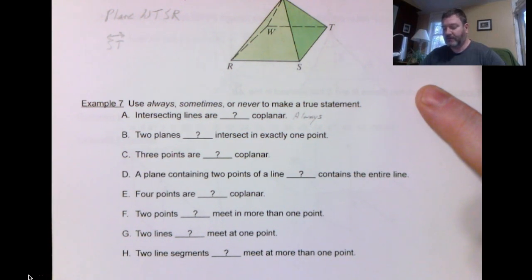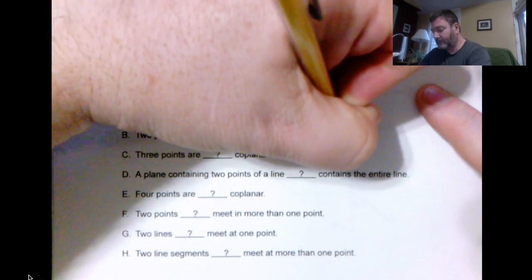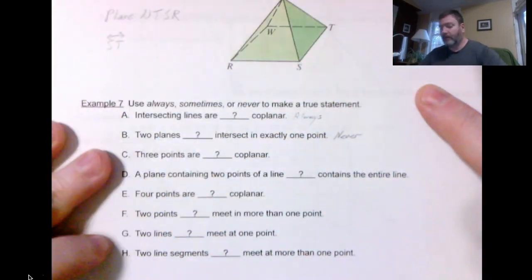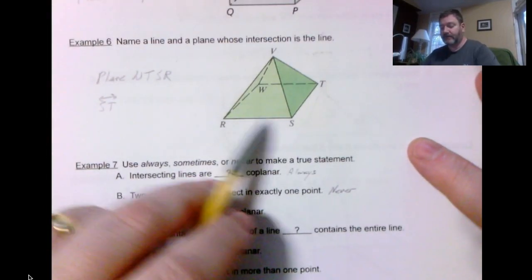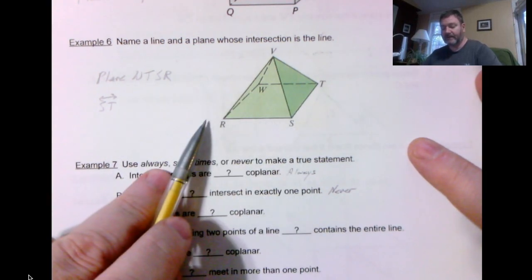Two planes always, sometimes, or never intersect in exactly one point. And the answer here is never. If we have two planes, this bottom plane and this front plane, they intersect at line RS.